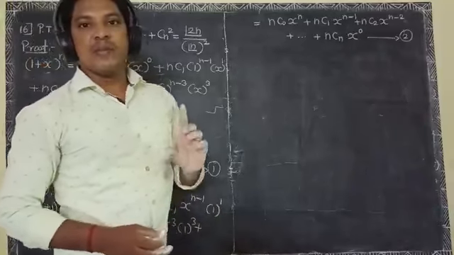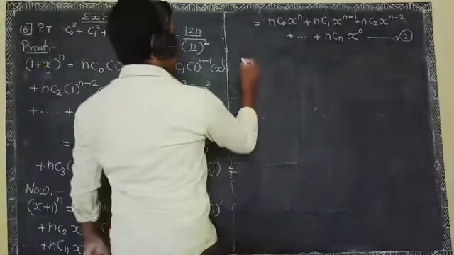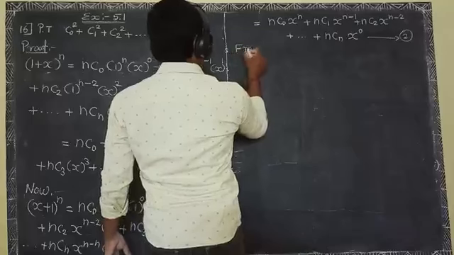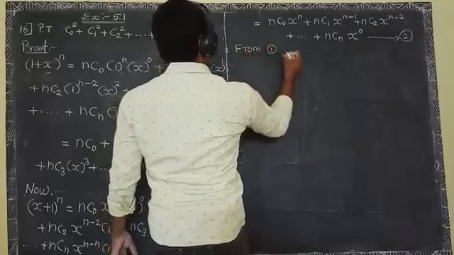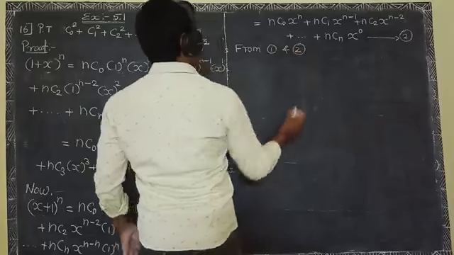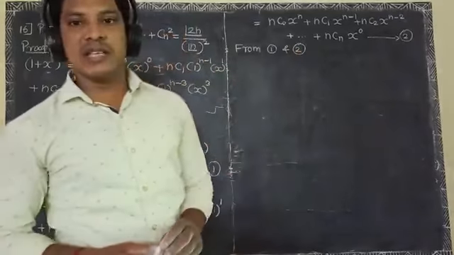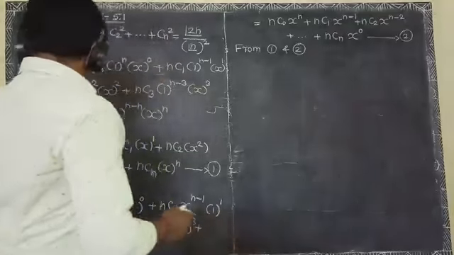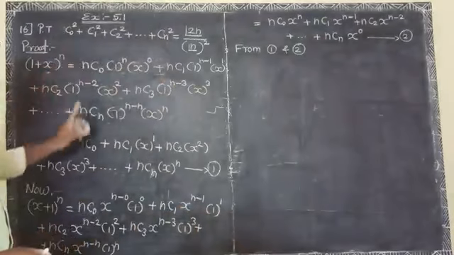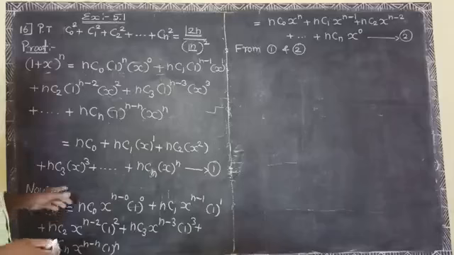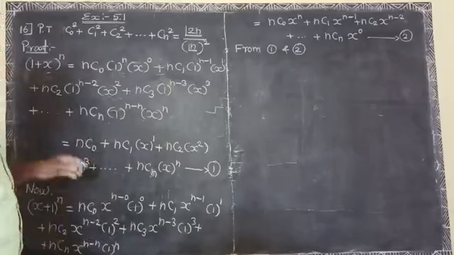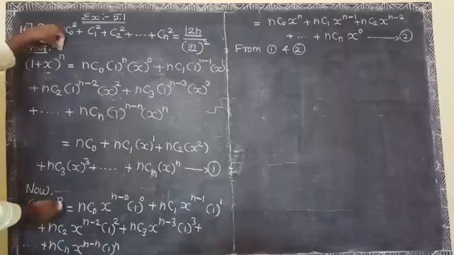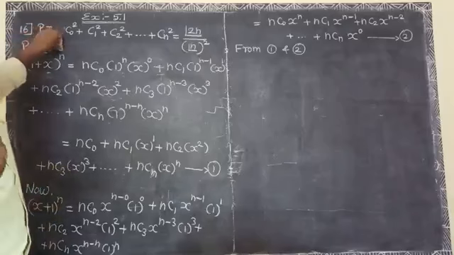From equation 1 and 2, take the sum of the two equations, that is (1 plus x) whole power n times (x plus 1) whole power n. Bases are the same, so add the powers, that is n plus n is 2n, isn't it?